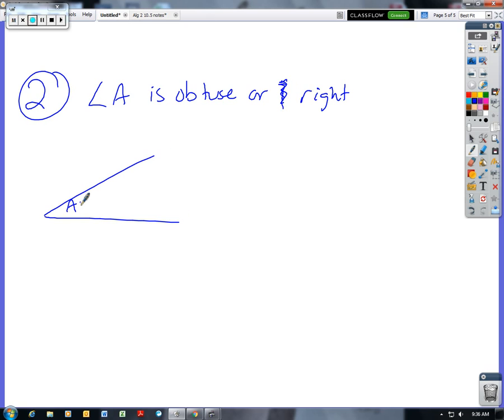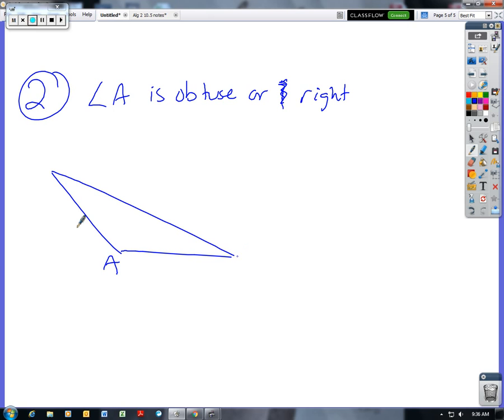Here's angle A, B, and then, oh, it's supposed to be obtuse. Let's go back. It's not right. Okay, obtuse. Here's angle A. So this would be little a, and this would be little b.